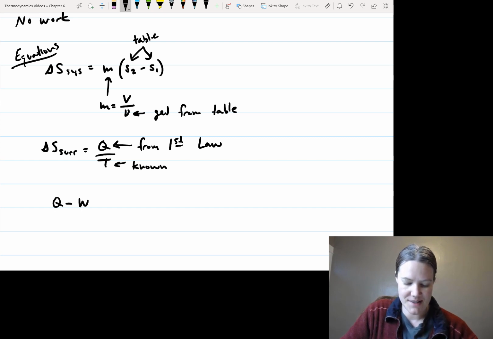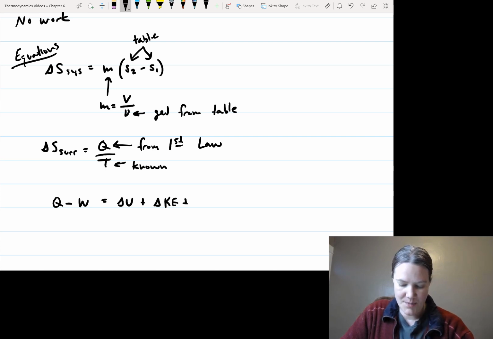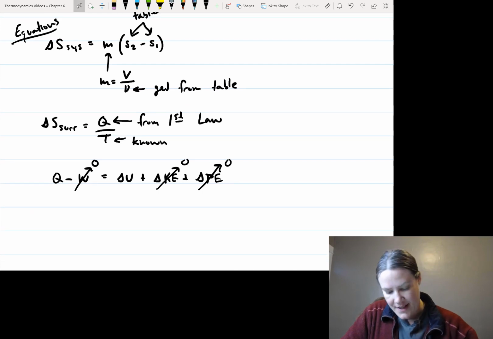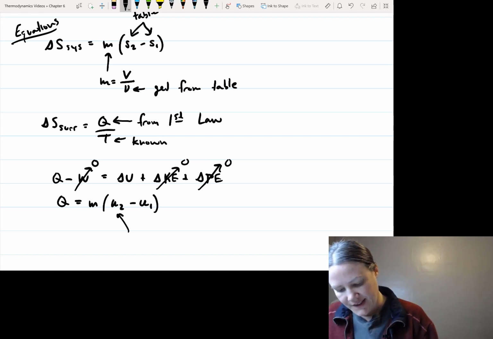We have Q minus W is equal to delta U plus delta KE plus delta PE. We've already assumed that these two terms are zero, and we've assumed that the work is zero. So then Q is just equal to the mass multiplied by U2 minus U1, and we're going to look these up on the tables.